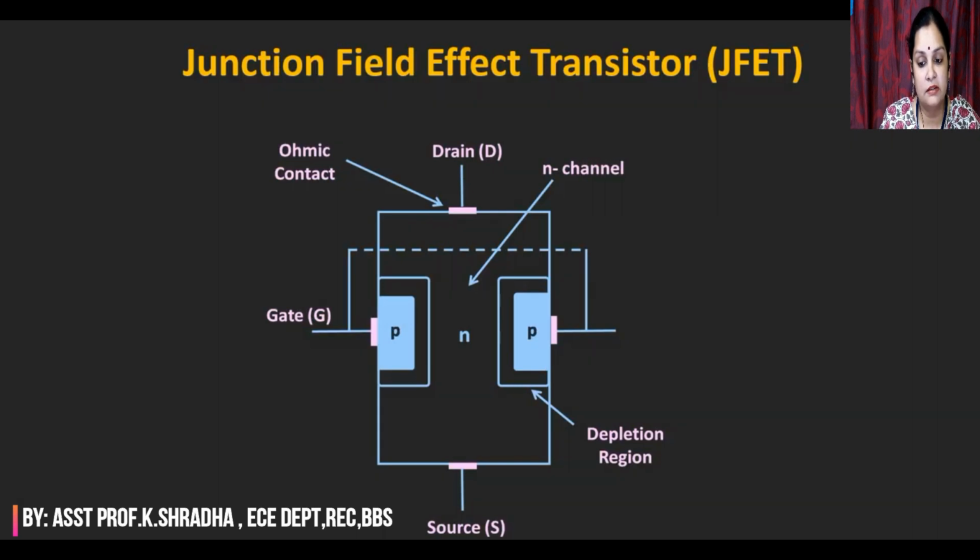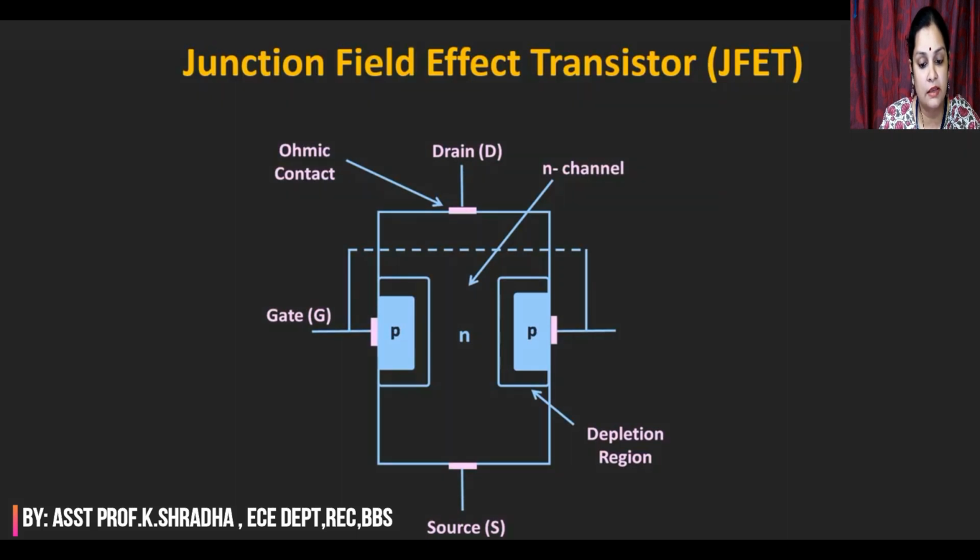Whenever this PN junction is reverse biased, the depletion region of this PN junction isolates the gate terminal from the channel, and only a small amount of reverse saturation current flows between these two regions.